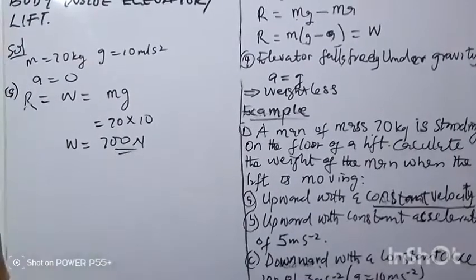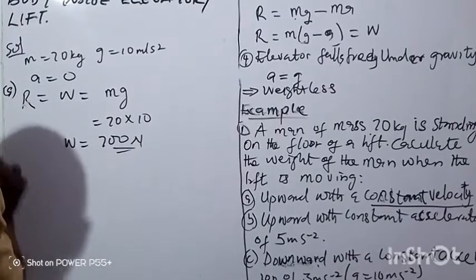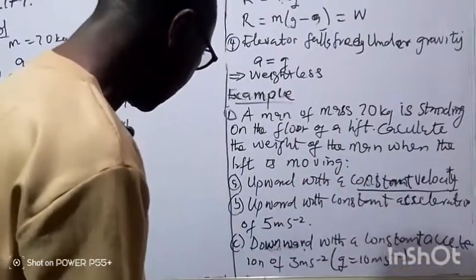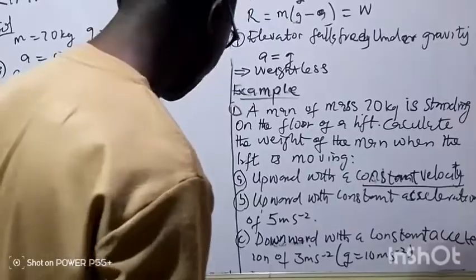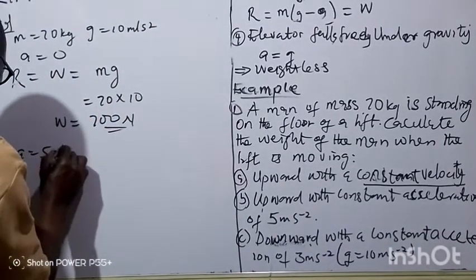For question B, based on the second case, as we explained during our explanation, upward with constant acceleration of 5 meters per second square. Now A is given as 5 meters per second square.